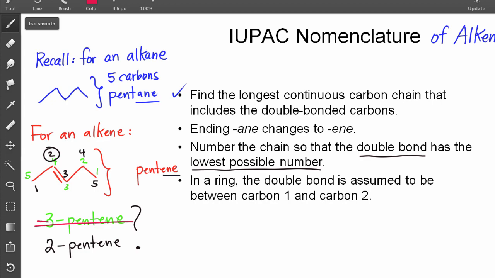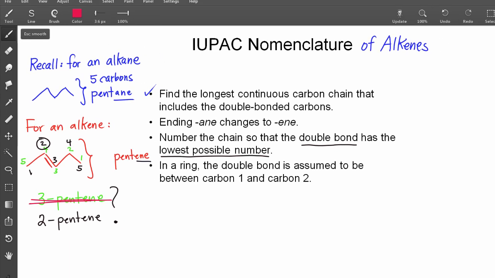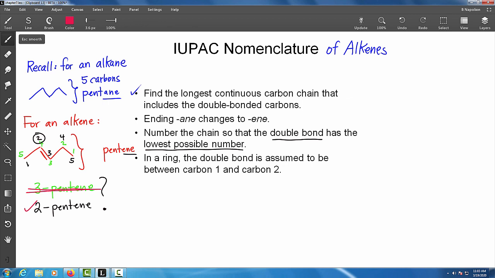So 2-pentene is correct versus 3-pentene. 3-pentene would be incorrect. Now I can write 2-pentene several ways. I can write 2-pentene, or I can write pent-2-ene. These two names are exactly the same.